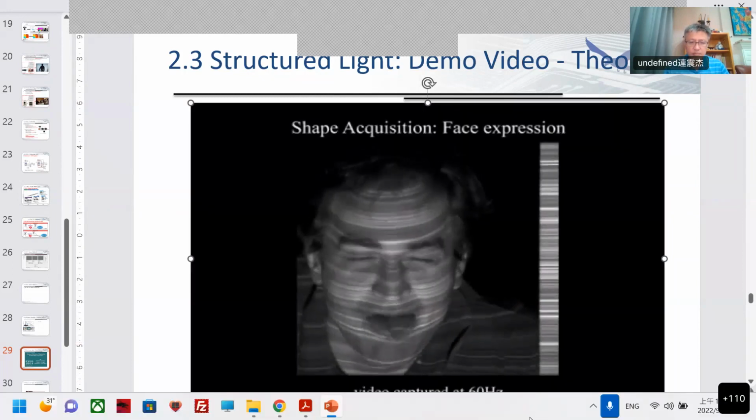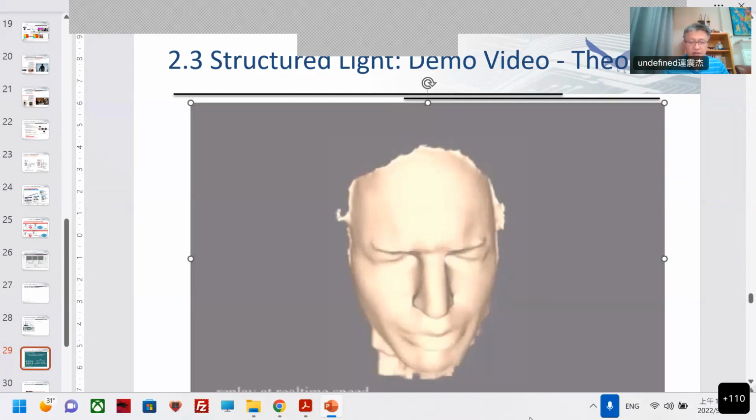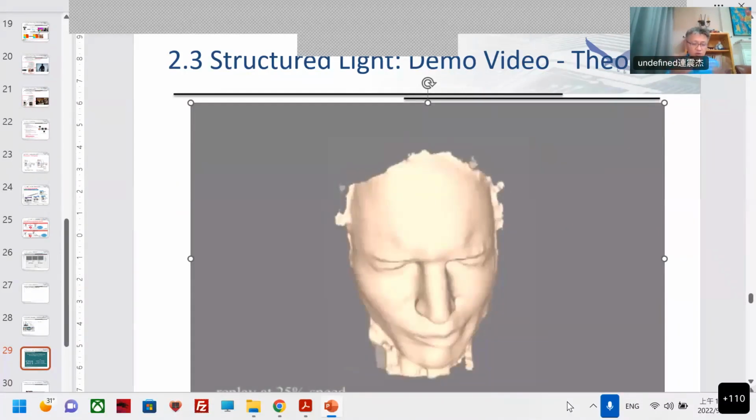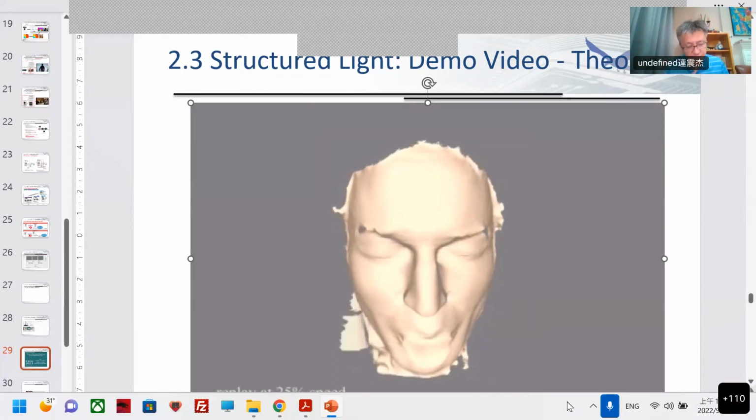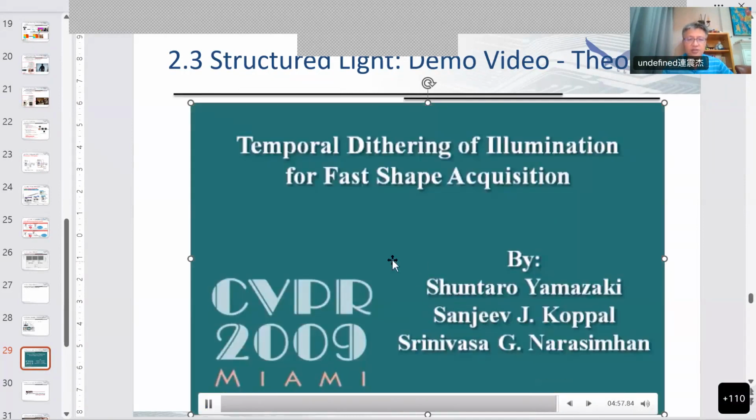Because it's strong light, so you should close your eyes. And after you reconstruct, you can do the 3D printer, print out the object. In summary, we have presented this. So this is what we call structural light.